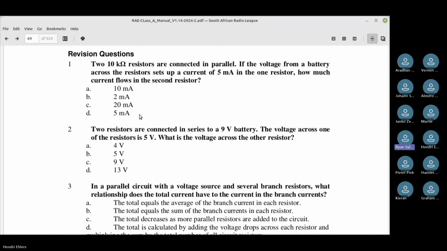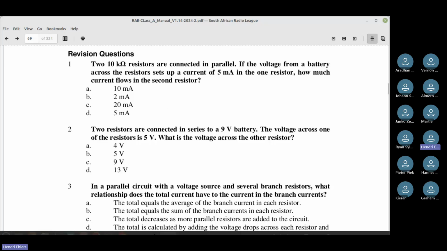I said when both resistors are the same and the voltage in parallel is the same, then the current will be the same. But we can calculate that.